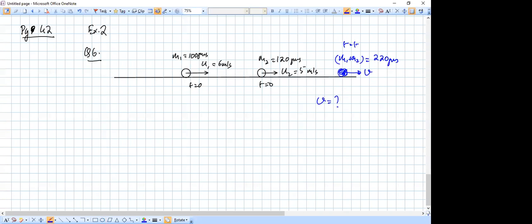So what is happening is that as they are colliding, as they come in contact, they apply equal and opposite force on each other. In fact, they apply what we call equal and opposite impulse on each other. So this one is applying some impulse, force into time, and this will apply an equal and opposite impulse on this one.